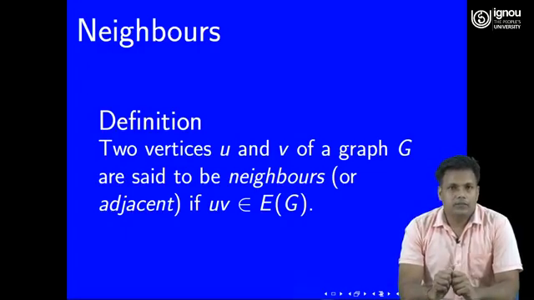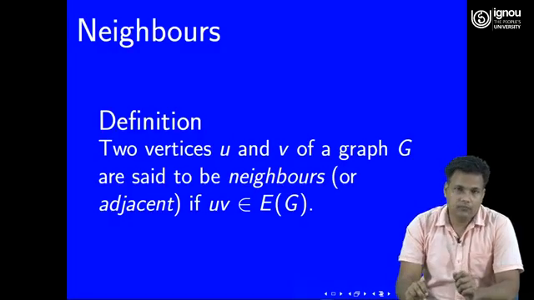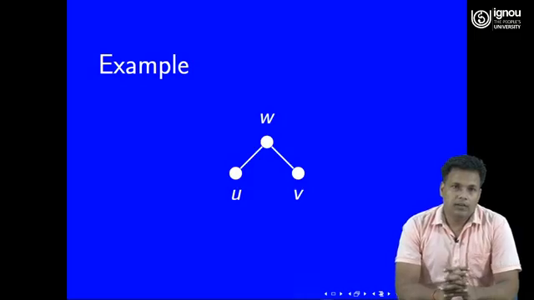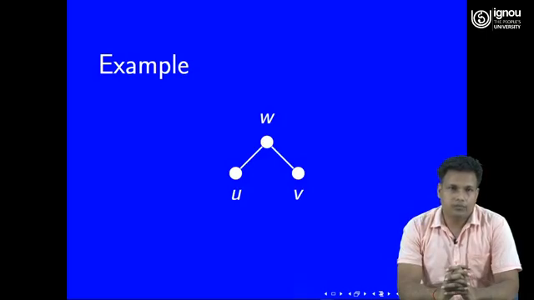In that case, u and v are called neighbors or adjacent. For example, in this graph, you can see that w is a neighbor of both u as well as v. However, u and v are not neighbors of each other.